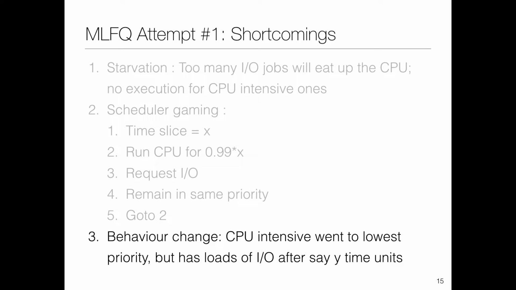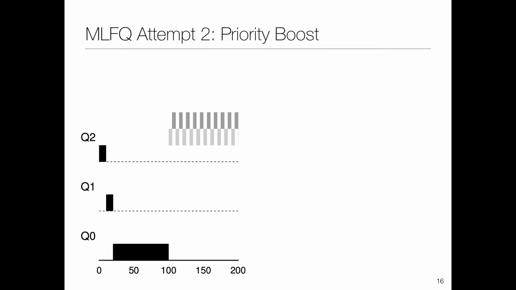So what that will do is ensure that there are no processes which are starving, and an old process which was maybe CPU intensive earlier gets another chance to go to the top of the queue, and maybe if it's now an input output process, it will remain at the top of the queue. So we call this priority boost.